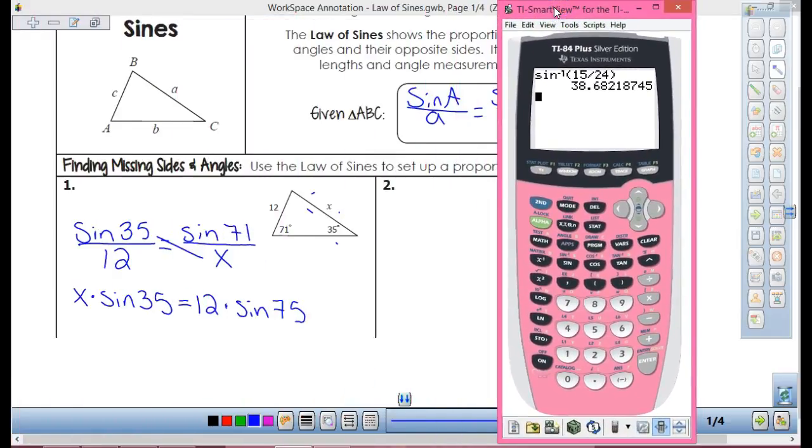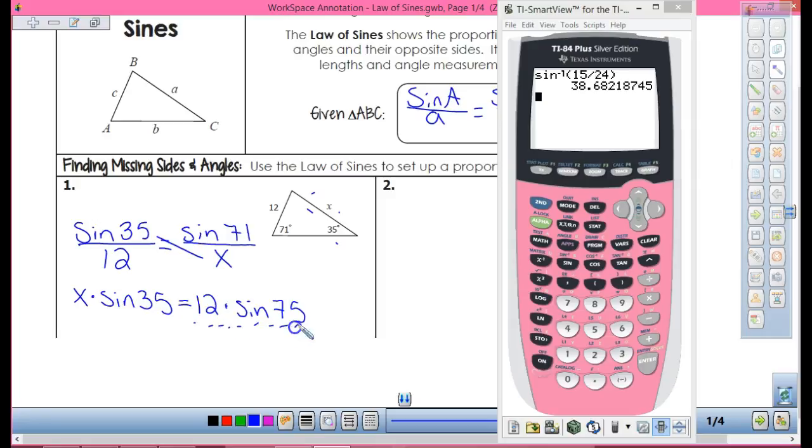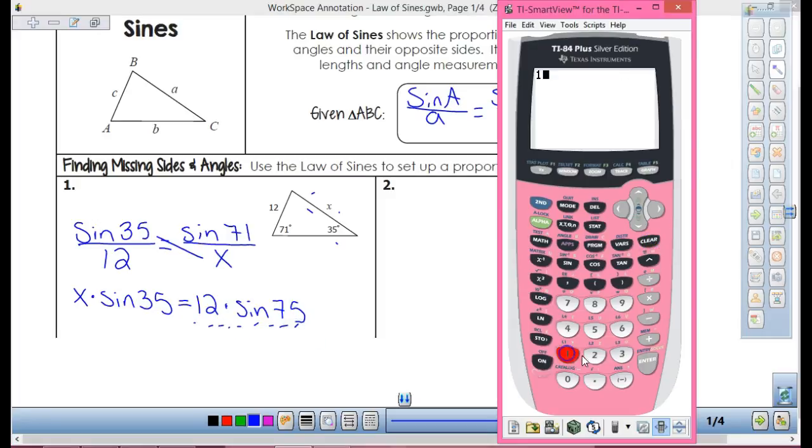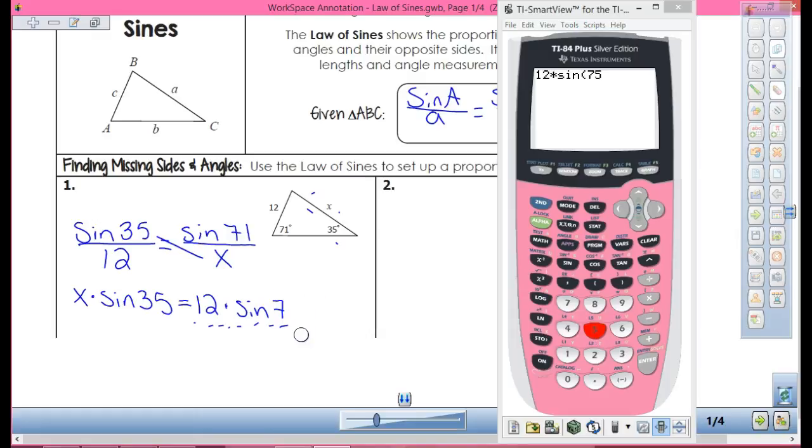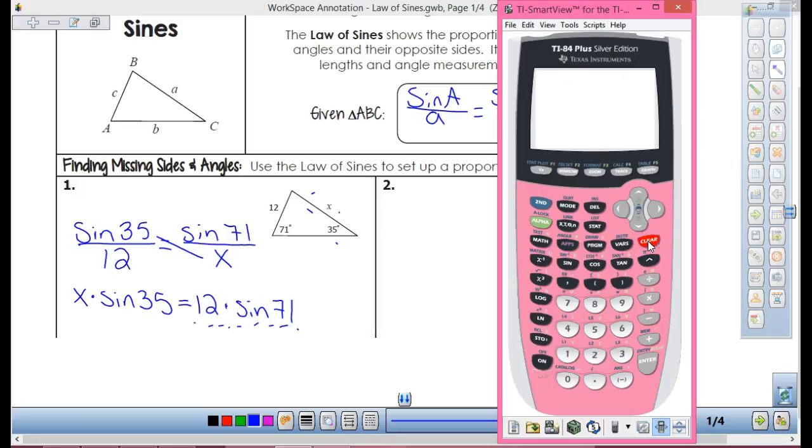All right, so I'm going to do this side first. So I'm going to go with 12 times the sine of 71. So I'm always going to do the side without x.